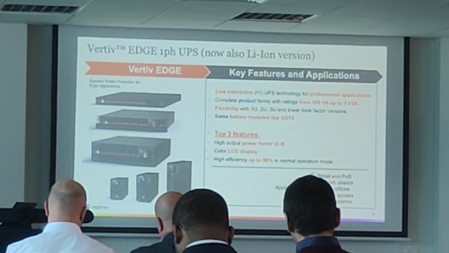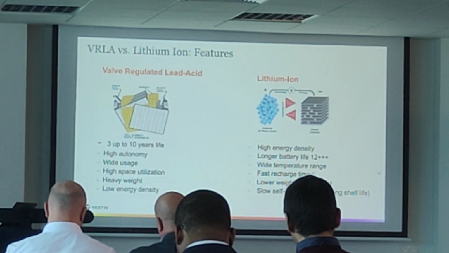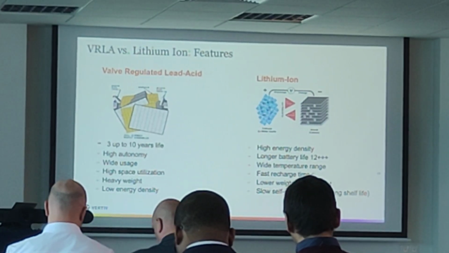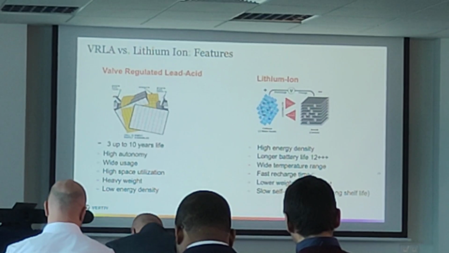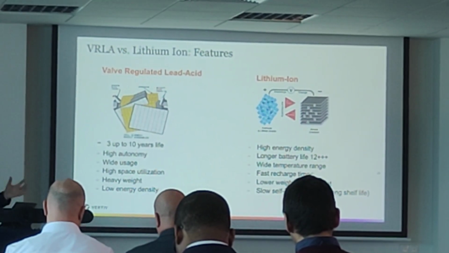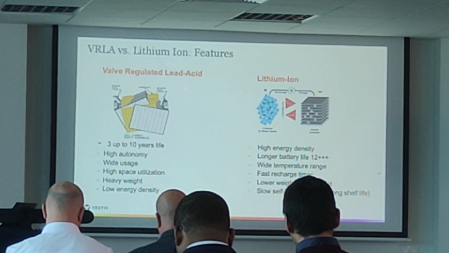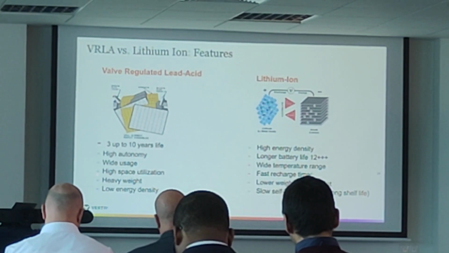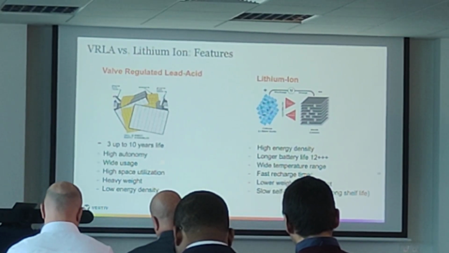For those of you who are not familiar with the differences and in what kind of application we recommend one or another, there's a slide. So the VRLA batteries are heavy, with low energy density.